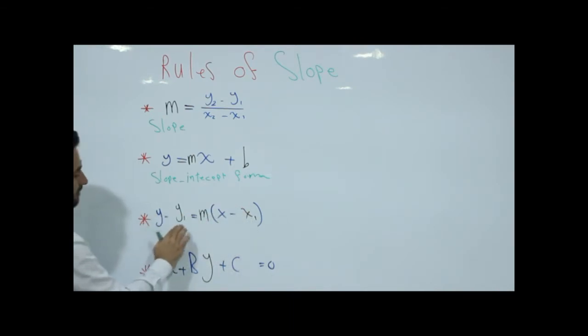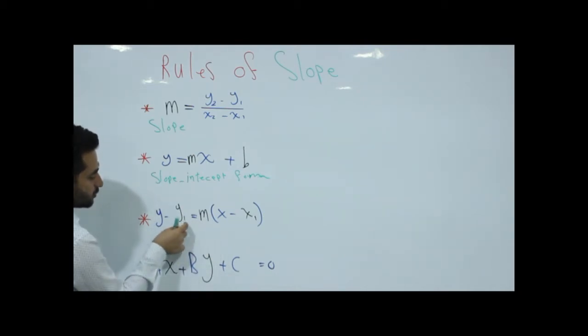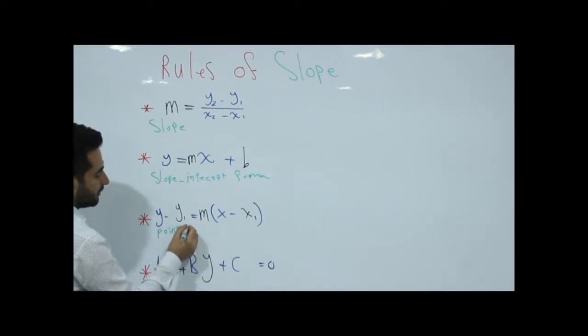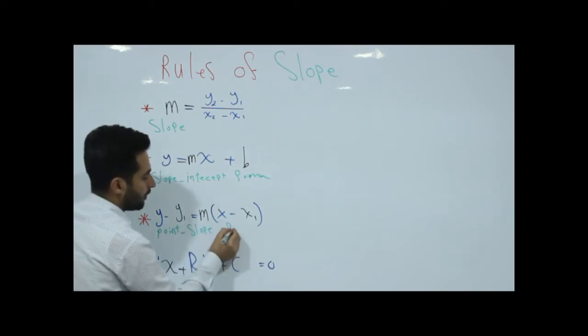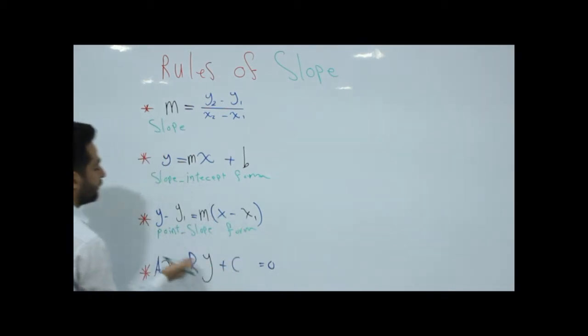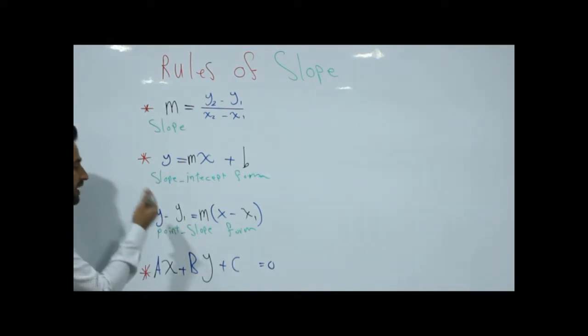So we name this by those two: the first one is point, the second one is slope. So this is point-slope form.